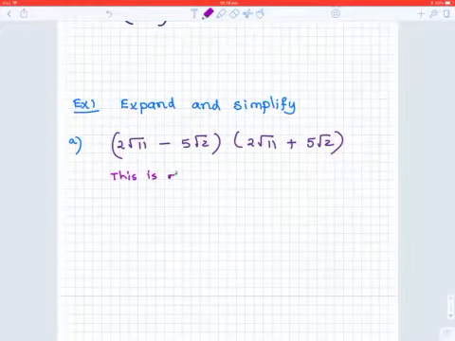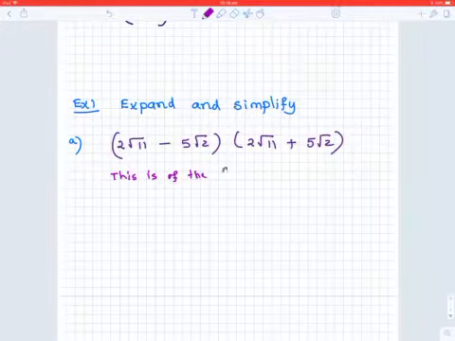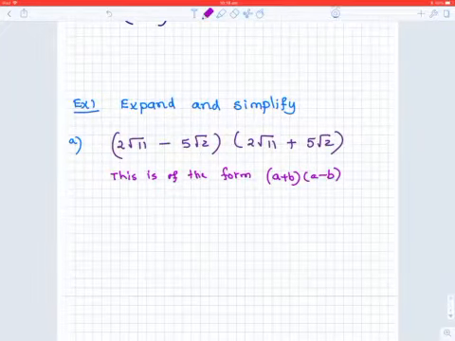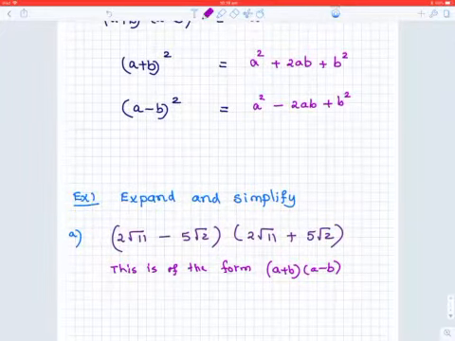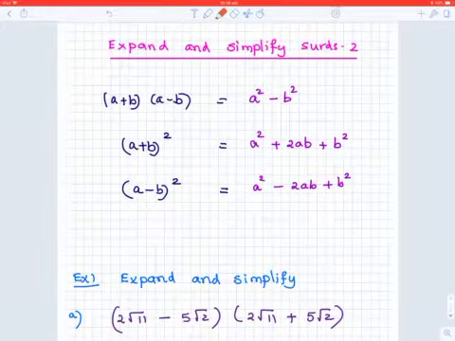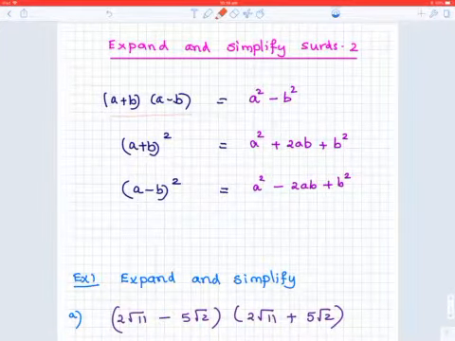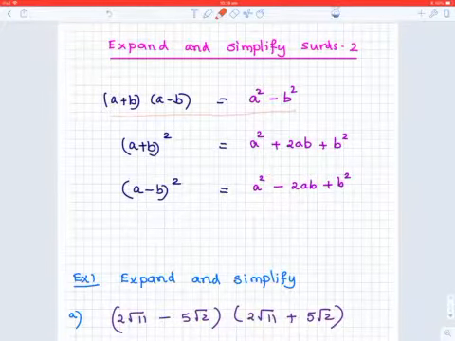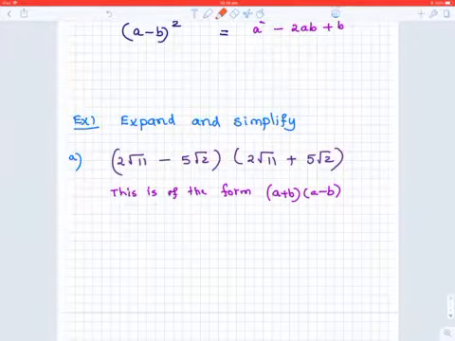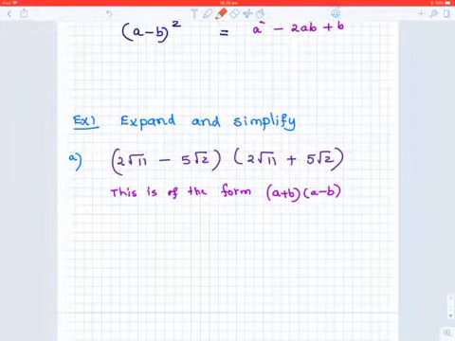Now, this is of the form (a + b)(a − b). Now, we have seen (a + b)(a − b) = a² − b².